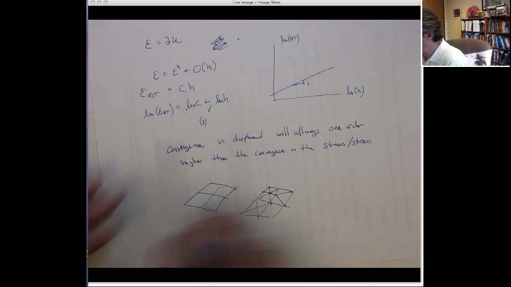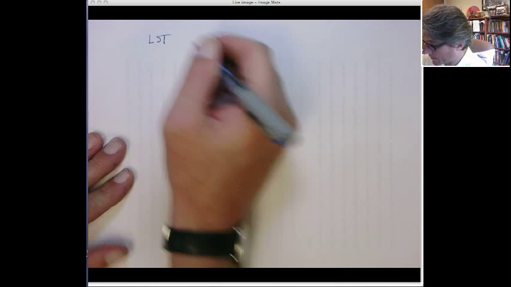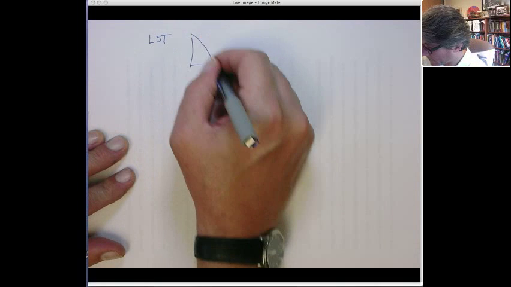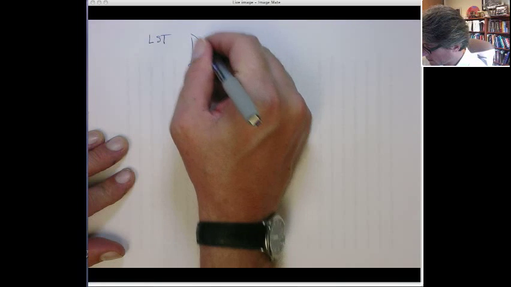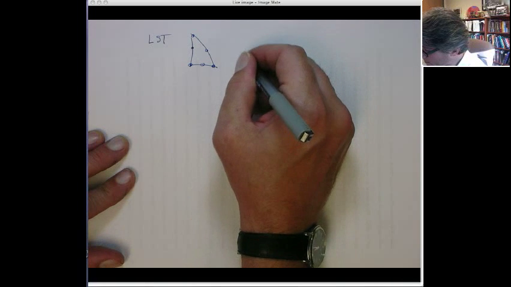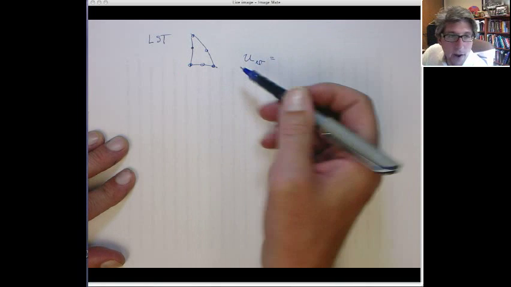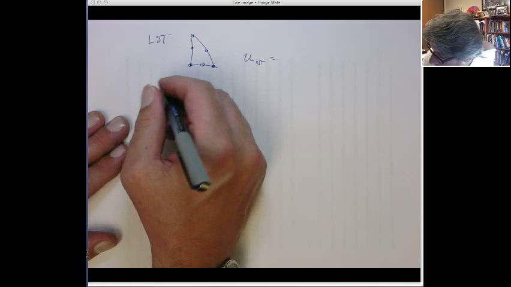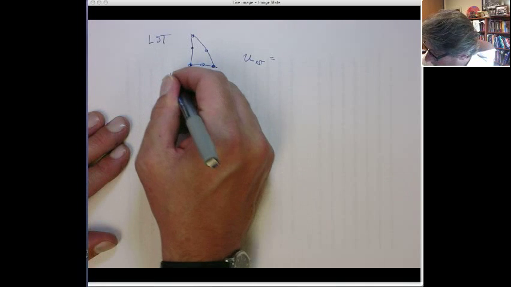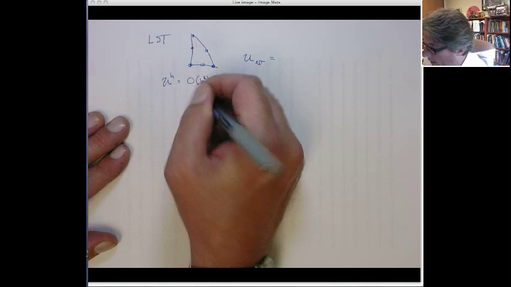Now, what happens when we consider a higher order element? So for example, let's consider the linear strain triangle, okay? So this is the linear strain triangle. All right. So in this case, the displacement error is going to be one order higher than its approximation. So we know the approximation here is going to be on order of h squared.